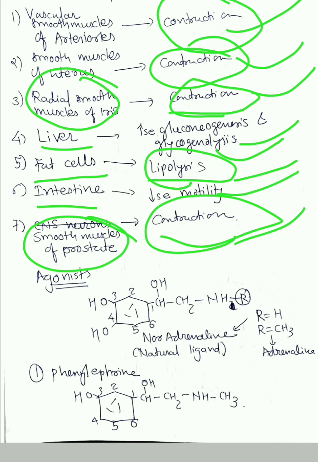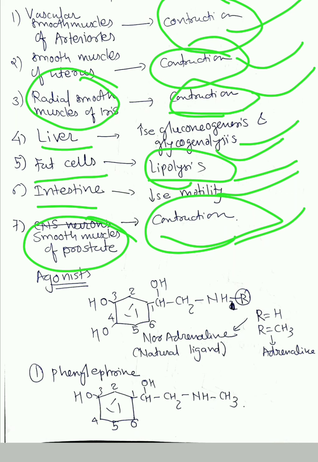Okay, so clear guys? Again, vascular smooth muscles of blood vessels or arterioles, contraction. Smooth muscles of uterus, contraction. Radial smooth muscles of iris, contraction. Liver, increase in glucose production and breakdown of glycogen, ultimately leading to increase in glucose level. Fat cells, lipolysis. Intestine, decrease motility. Smooth muscles of prostate, contraction.